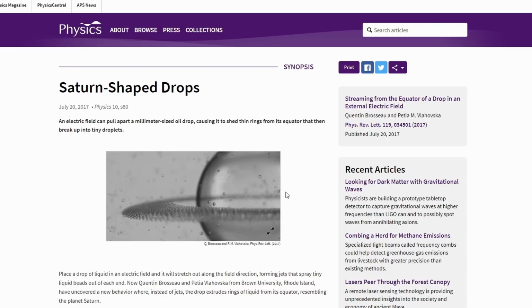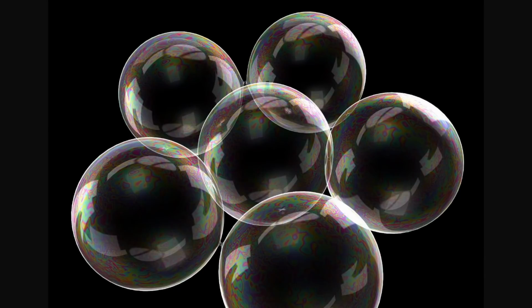So when we say looking at bubbles, it's not just the supernova that we're explaining, but there are other features of bubbles that, like this experiment here, may well explain other phenomena as well, from ring formations to equatorial outflow. It's a broad subject, I guess, is what I'm trying to say.